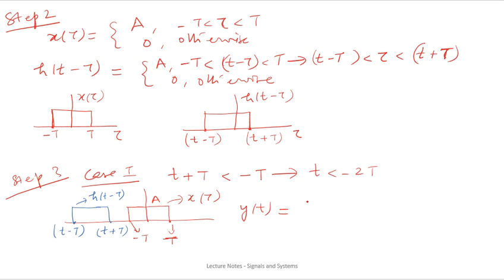So if you evaluate the convolution integral for both of these, you will get 0, as there is no overlapping between these two signals. Now come to the second case.